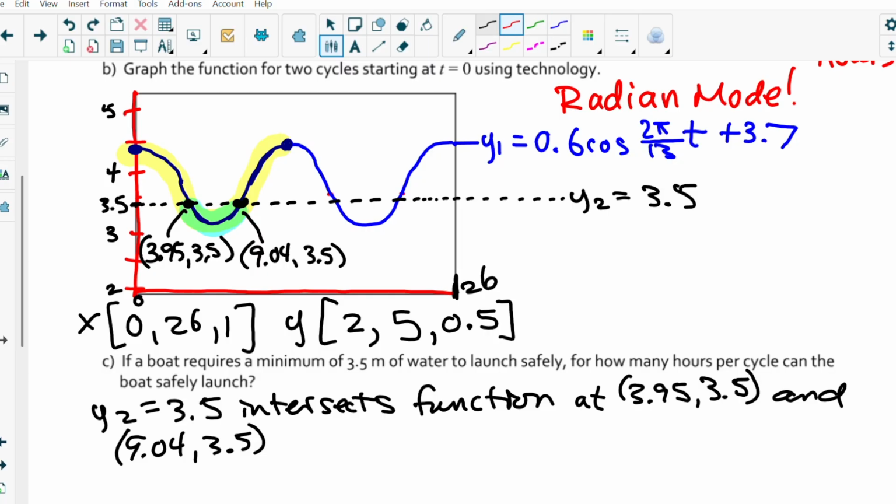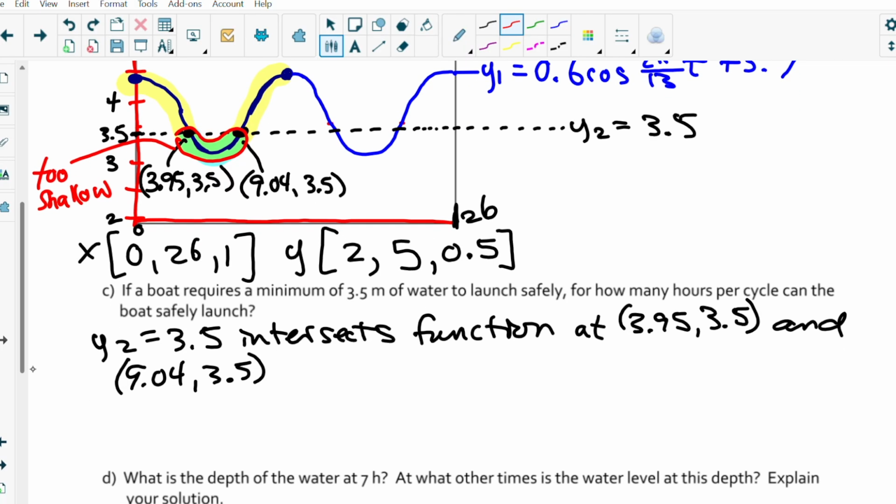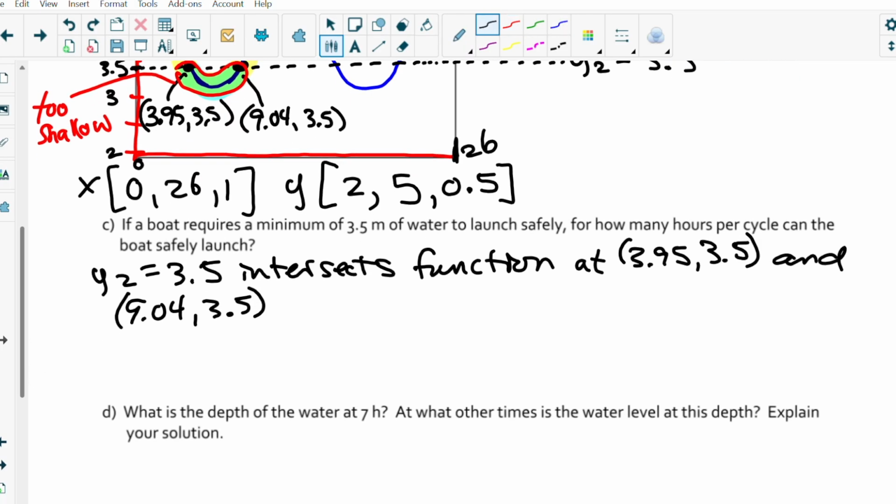So I'm going to say this is too shallow for the boat launch. Let's calculate that. My two x values, which are the time values, right?